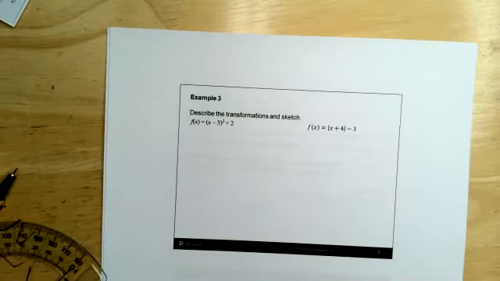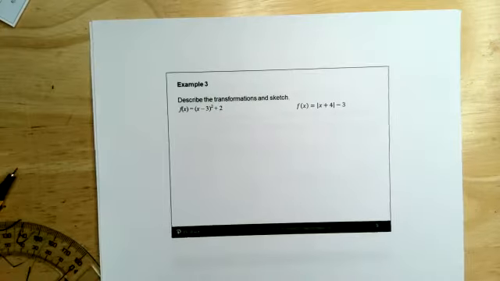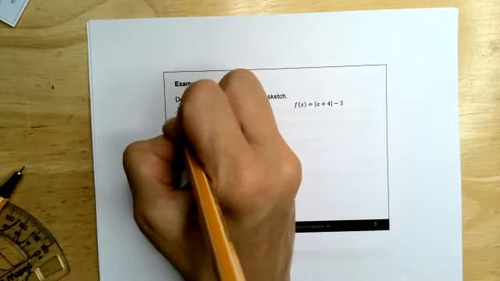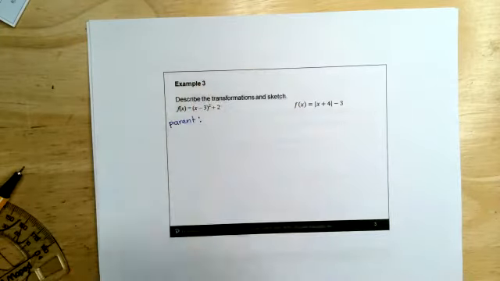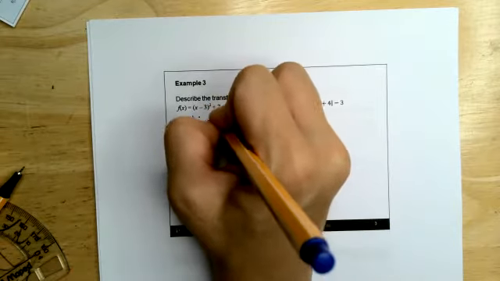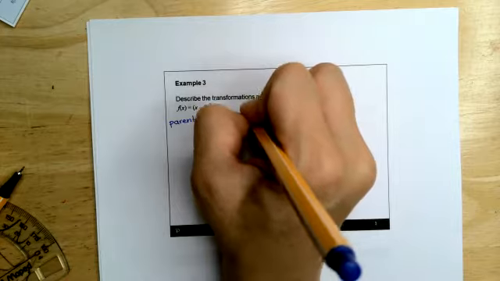All right, so for this example, they want us to describe the transformations and sketch them. So think about what the parent is. The parent here is f of x is x squared.